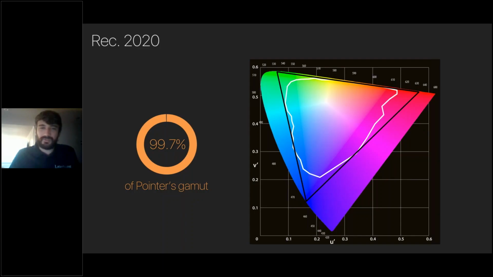So with Rec 2020, we're basically at a point where we can reproduce all the colors we need, and there's no real point in going any further for now. That 0.3%, I'm sure we can live without. Having seen a comparison between the two color spaces with different content, it's really a massive improvement.